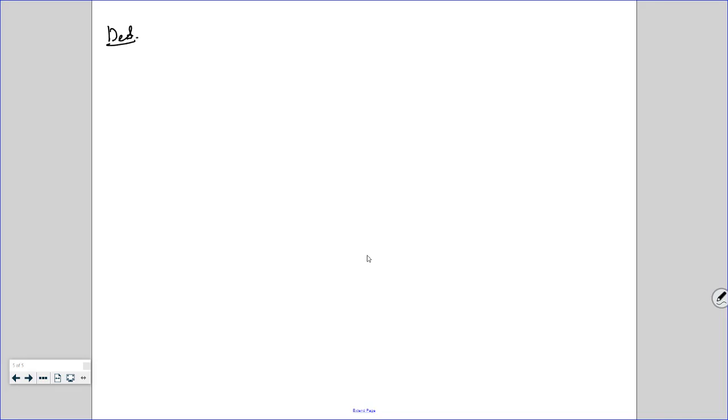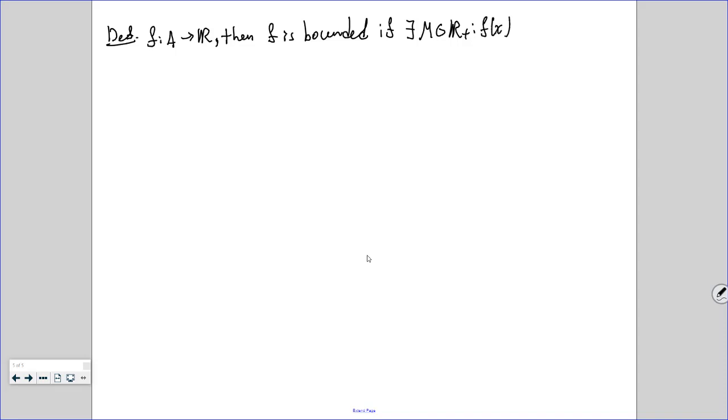We say that a function f from A to R is bounded if we can find some M which belongs to the positive part of the real line such that |f(x)| is less than or equal to M for all x in A.